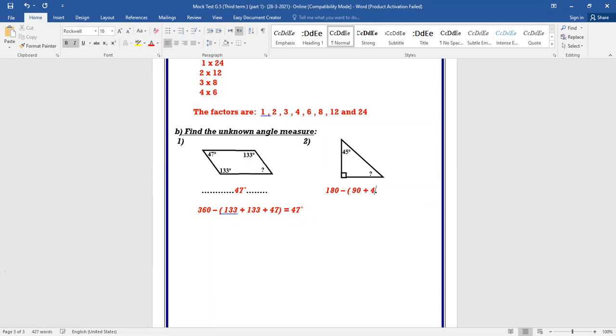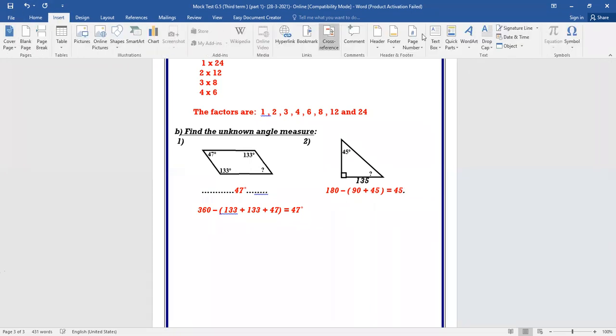We add first 90 plus 45, 135, and then subtract 180 minus 135 equals 45. So the missing angle here will be 45.